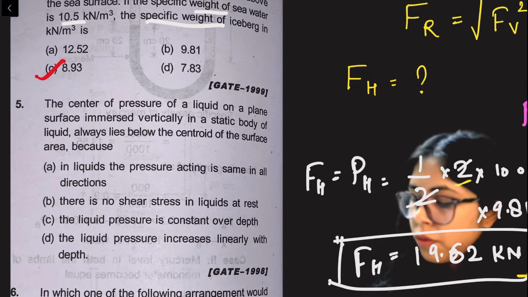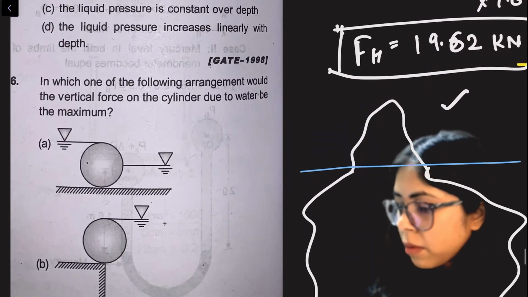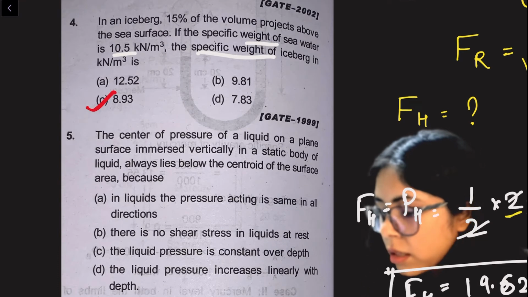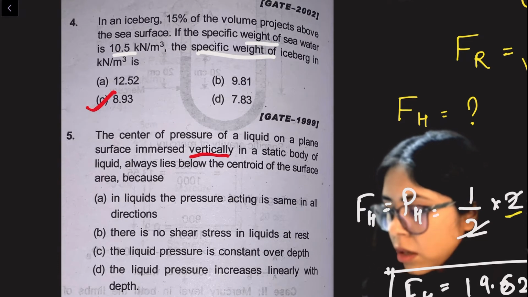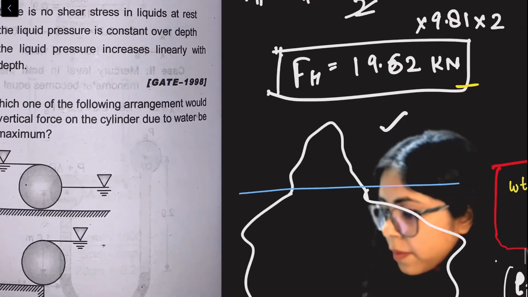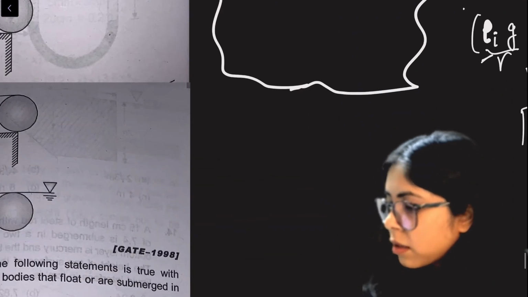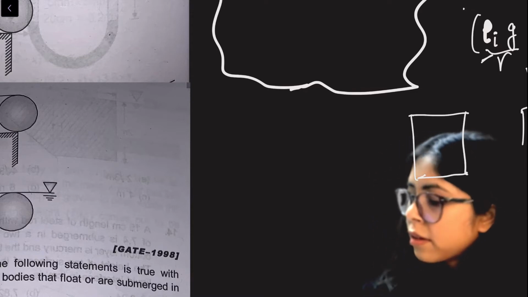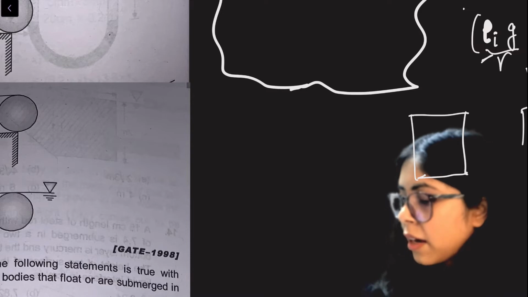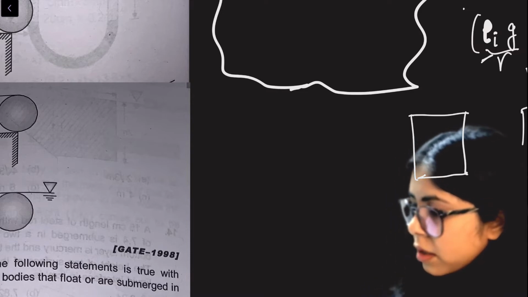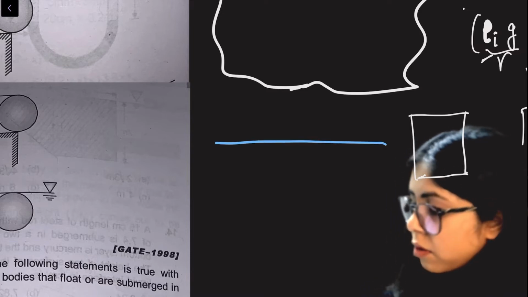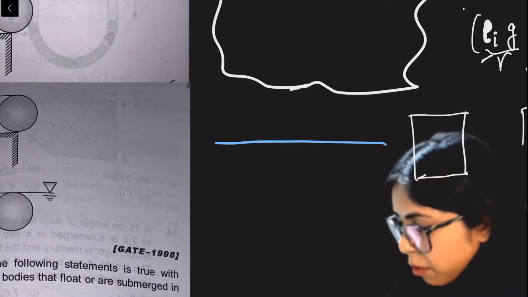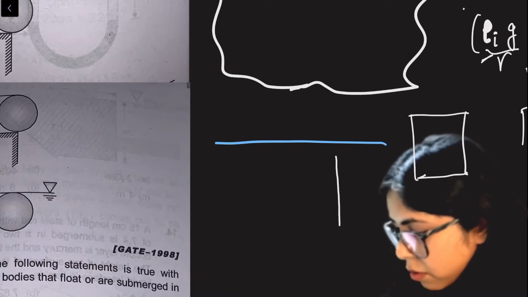So these are the four options, and the question says that if the body is vertically submerged, that is immersed vertically. Submerged means a fully submerged body is there. So let's say there is a rectangular plate. I am seeing it with the side view. So if this is the sea surface, the water surface, and this is our body, I am seeing the side view, it is vertically submerged.